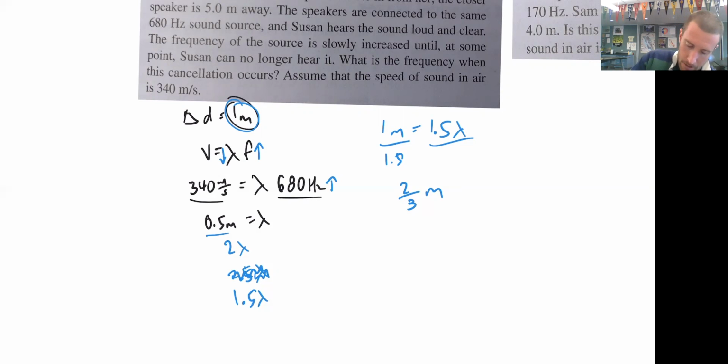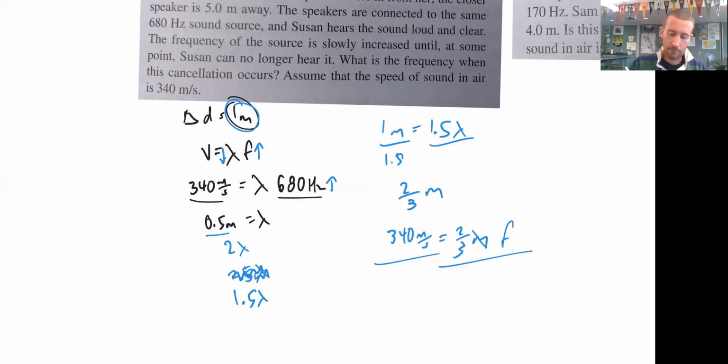So now I'm going to do 340 meters per second equals 2/3 of a meter times the frequency. 340 times 3 halves, 1.5, gives me 510 hertz.